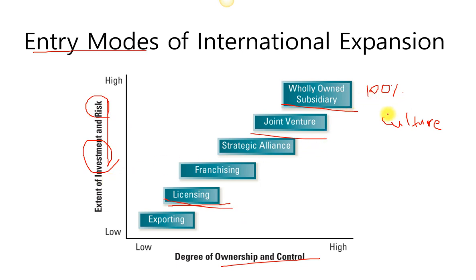For Canada, Starbucks owns 100% of the shares, but because they own 100%, probably they invested all the money for opening the outlets and things like that. Whereas a joint venture is mostly 50-50 or 51, 60-40 or 51 and 49.